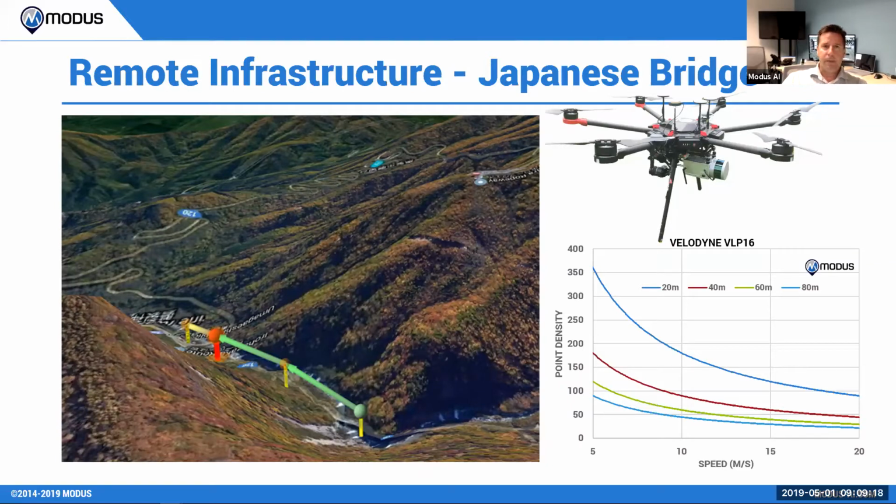What's interesting about this particular use case is, I lived in Japan for about 8 years, and the site that we're seeing here is right outside of Nikko, which is to the northwest of Tokyo. As you can see, the topography here is really, really hilly. And we've got a different type of vegetation, and this is an important factor.